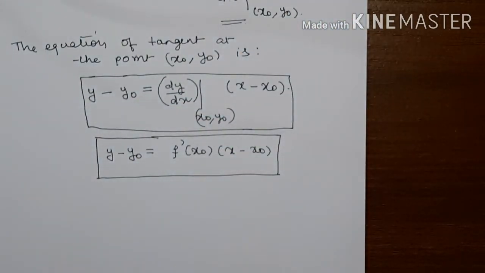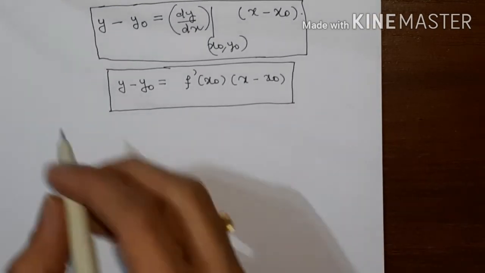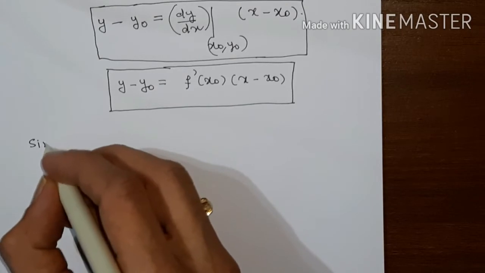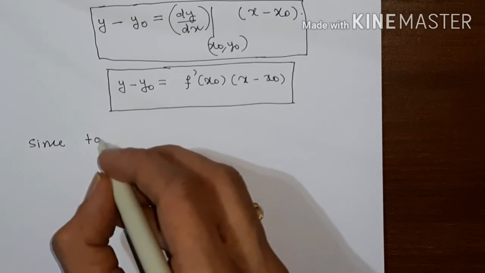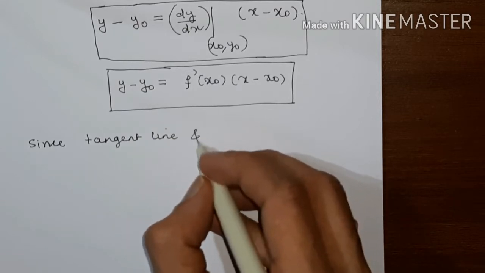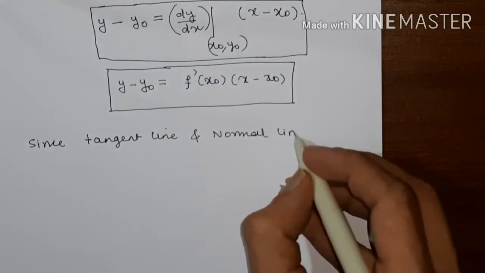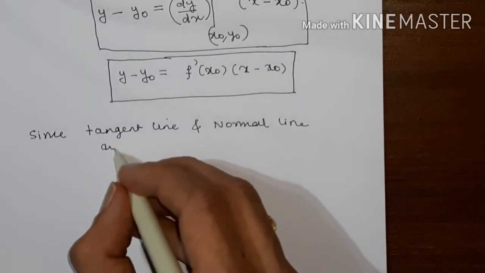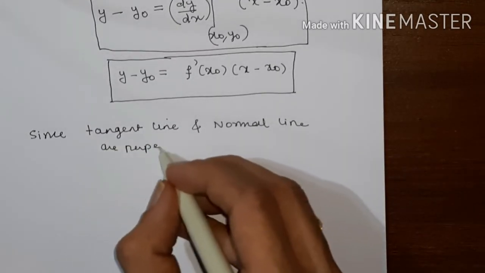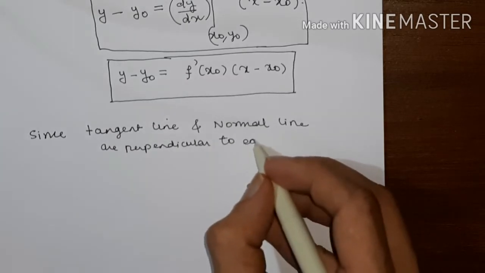Now you know that tangent and normal are perpendicular to each other.